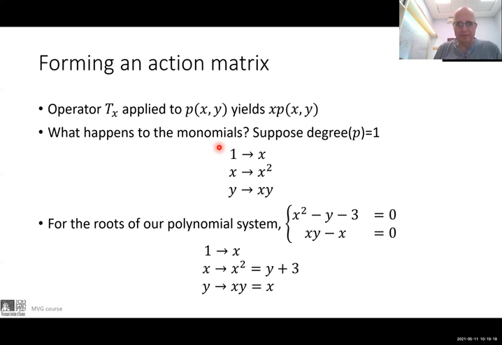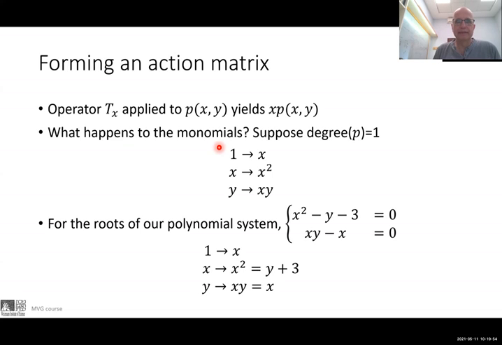The next step is to say the following. I'm given P(x,y), it was degree 1. I multiply it by x, I get a polynomial of degree 2. But I want to only consider polynomials which are roots for this polynomial system that we started with: x squared minus y minus 3 equals 0, and xy minus x equals 0.